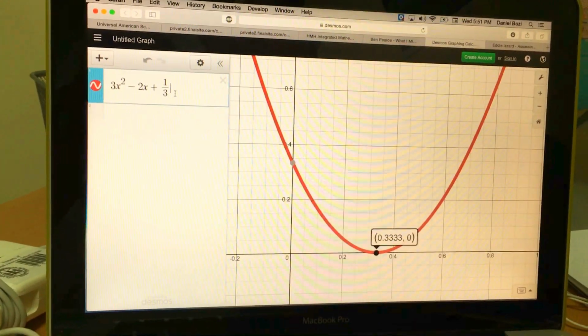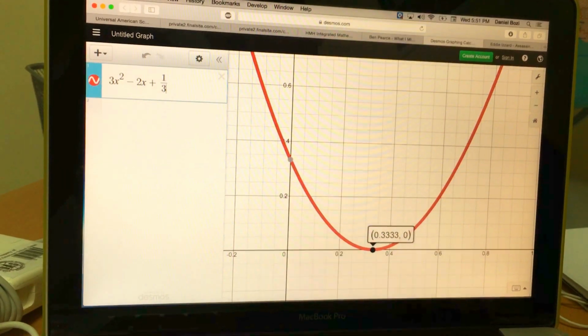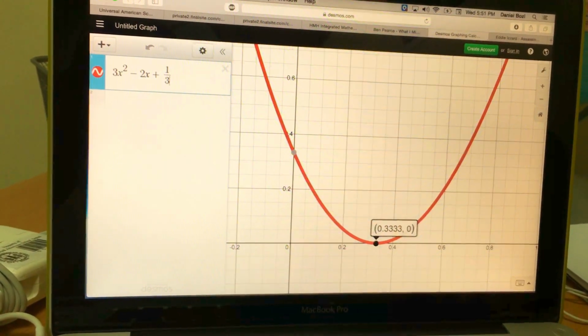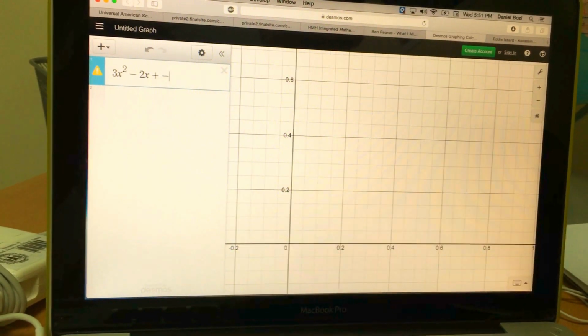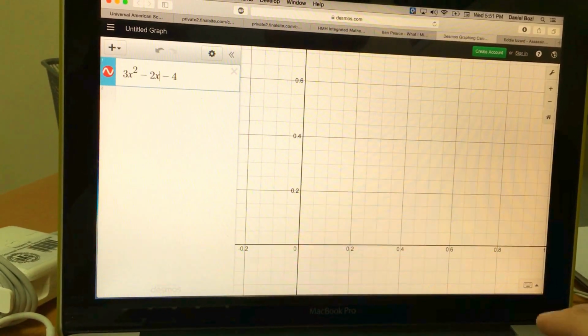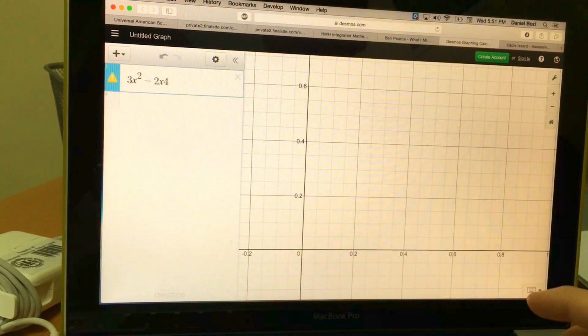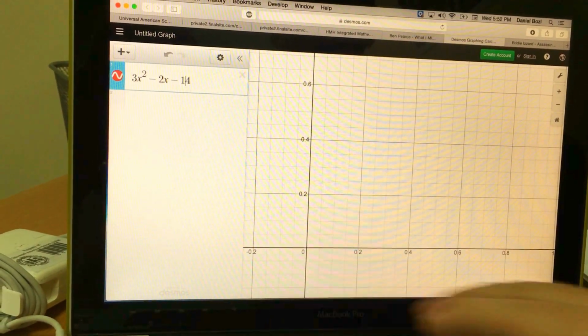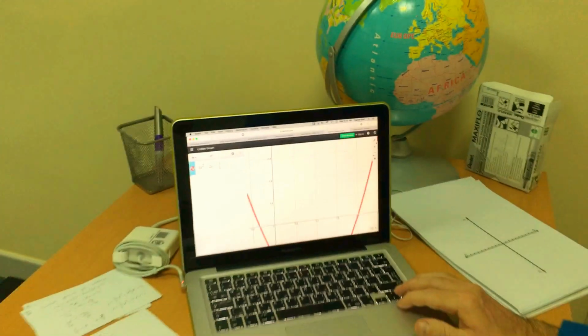If I would have a c value that's even less, let's take c, let's see, even less, negative 4. This doesn't seem to work at all. Okay, we're just going to cut the video there. Oh, now it works.